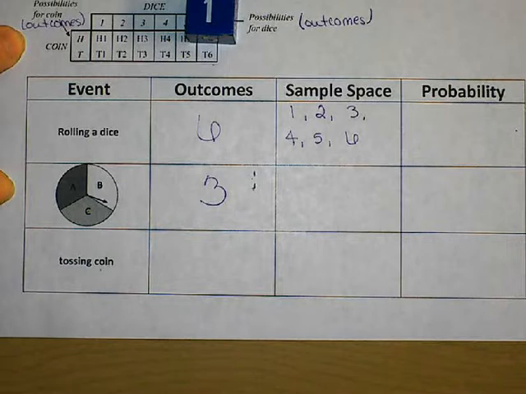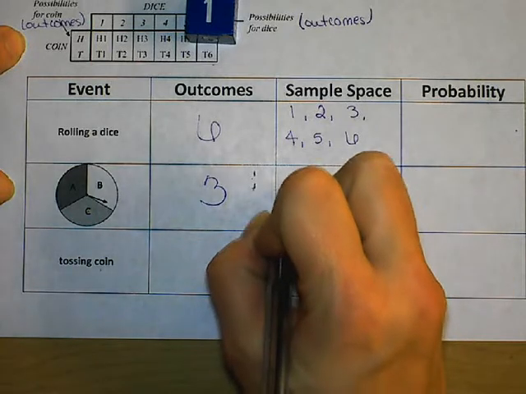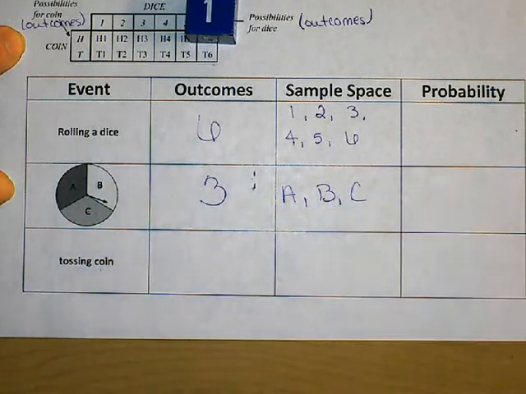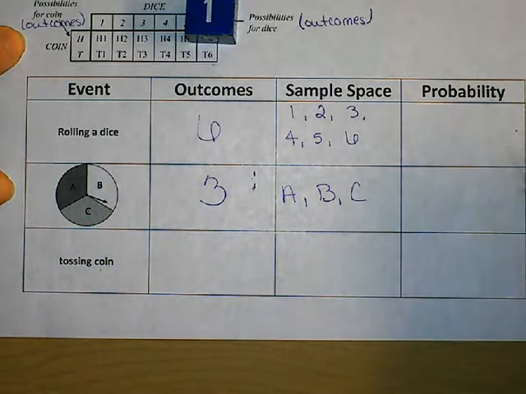Can you give me a list or a sample space of those outcomes? Correct again. The sample space is A, B, and C. Once again, we will take a look at finding the probability of these events in just a moment.